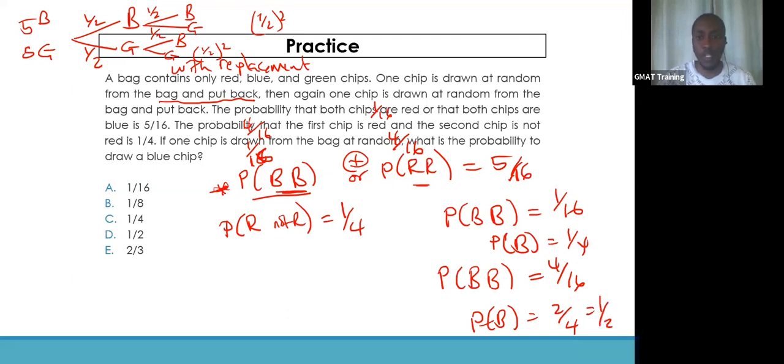So the probability of picking a blue is a half when the probability of picking 2 blue chips is 4 over 16, and a quarter when the probability of picking 2 blue chips is 1 over 16. So the probability of picking red can be either also a quarter or a half.